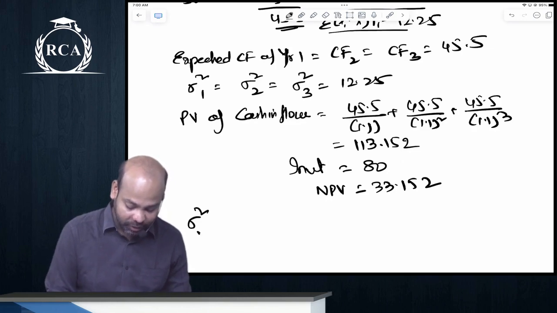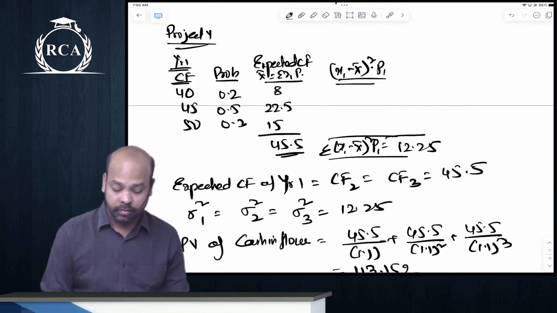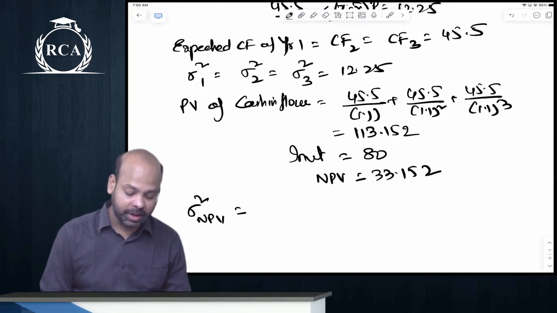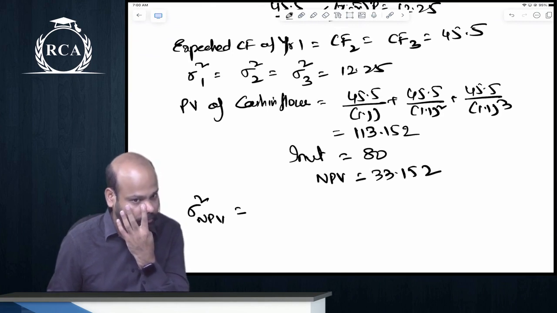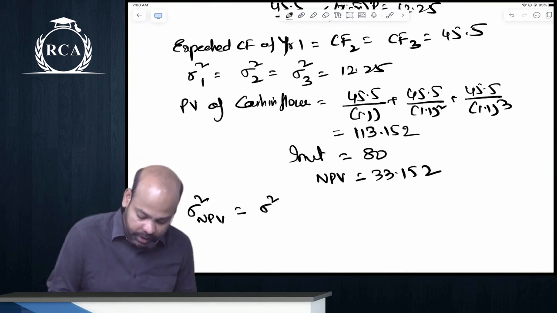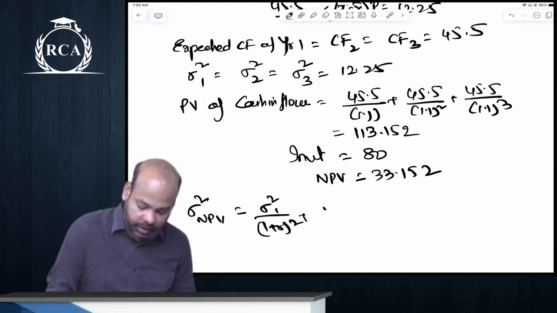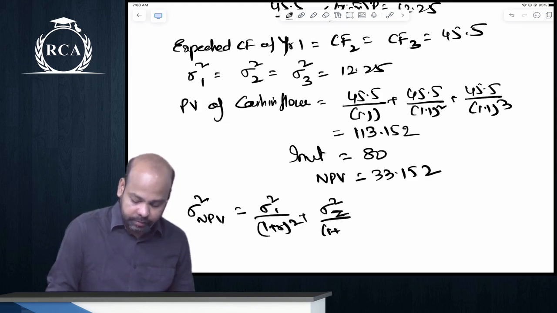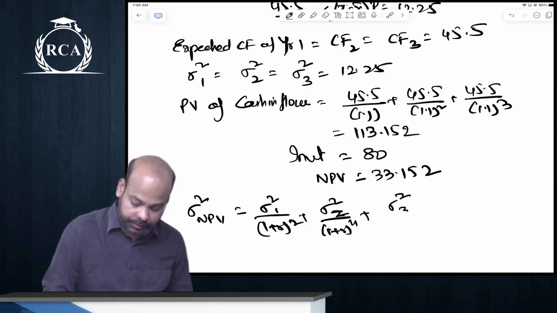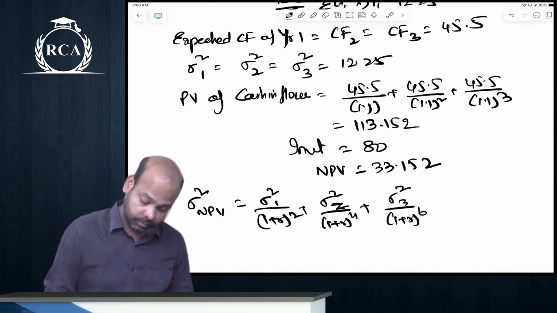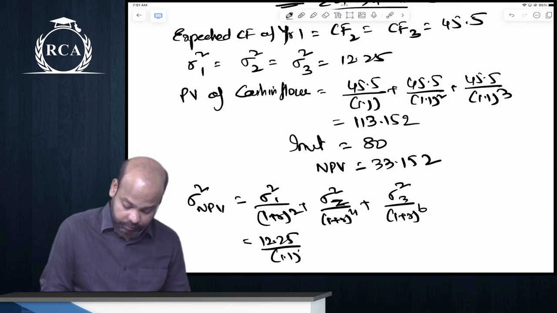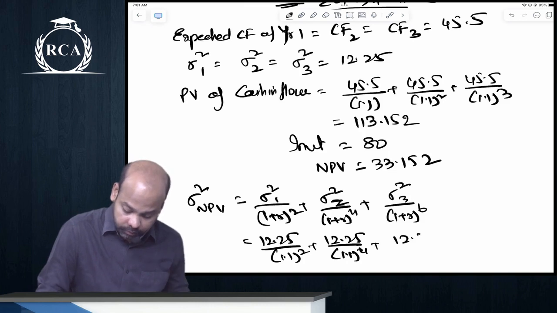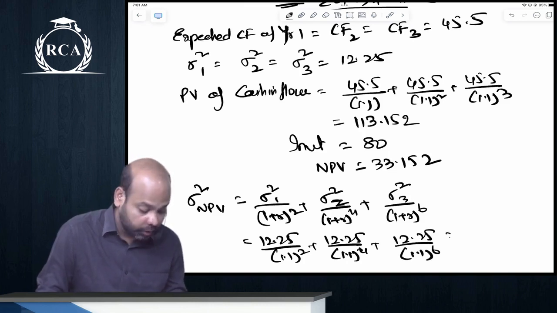What will be the variance of NPV, beta? Guys, once you get the expected cash flow of 1 year, remember the expected cash flow of every year will be the same. There's no change. Now variance of the first year divided by (1 plus r) whole square, variance of second year and third year, write the same amount, beta, 12.25. 12.25 divided by 1.1 whole power 6, guys.